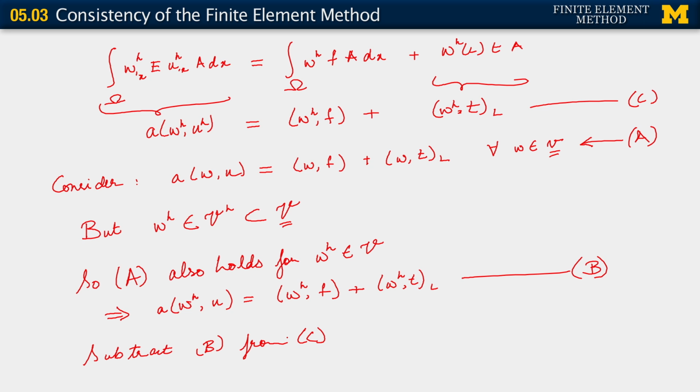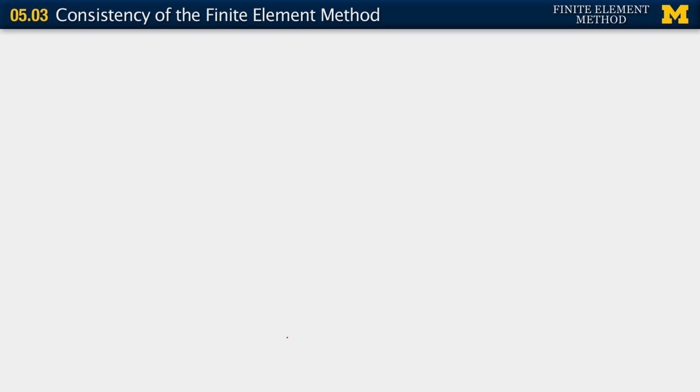So just stare at B and C and let's subtract them from each other. Let's subtract B from C. So here is C first. A(WH, UH) equals (WH, F) plus (WH, T) at L. I'm going to leave myself enough room here.